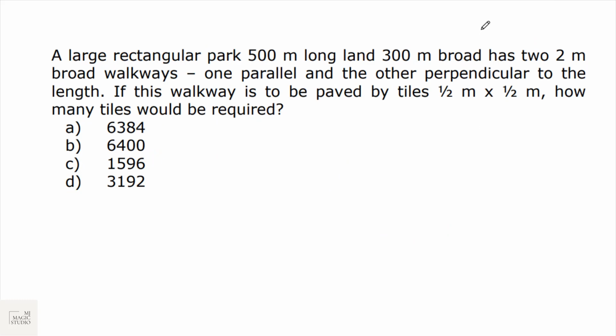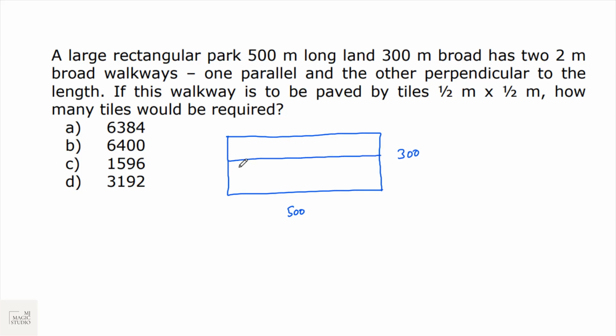Moving on to one from mensuration. Read it carefully, give it a try. A large rectangular park, 500 meter long and 300 meter broad, 500 by 300, has two 2 meter broad walkways, one parallel and one perpendicular to the length.